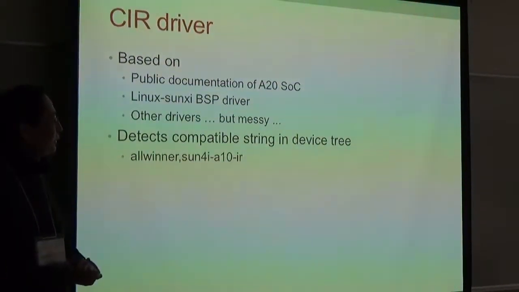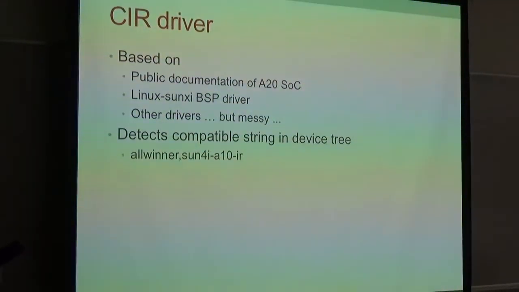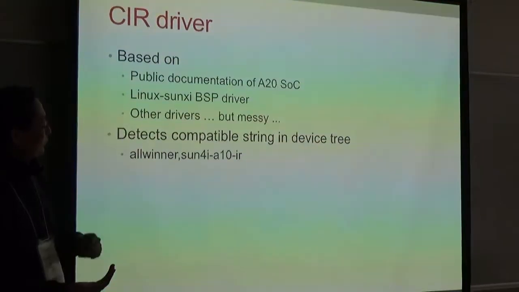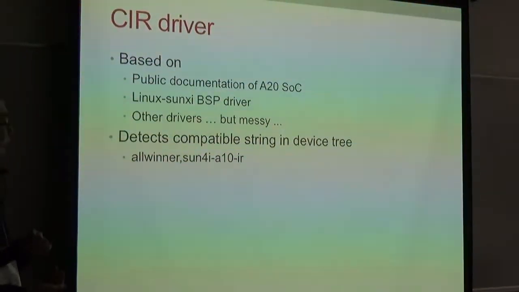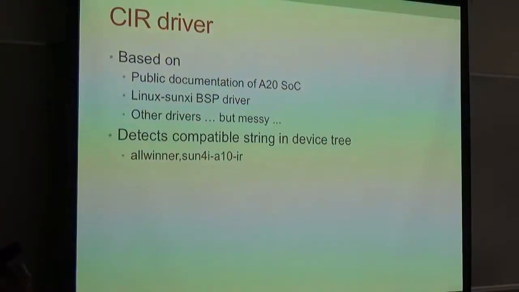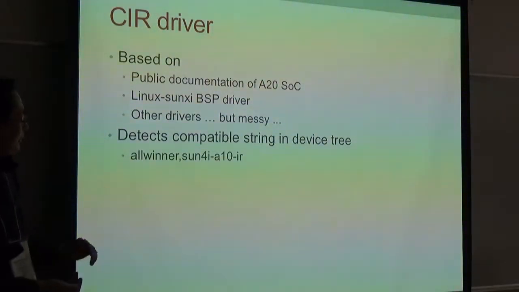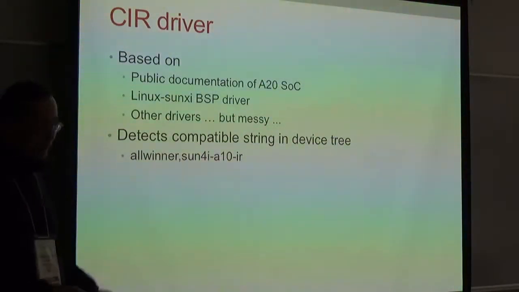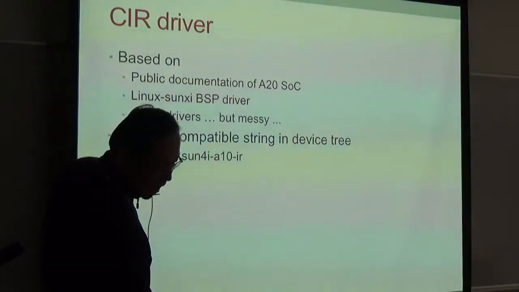So basically the BSP driver worked for me. As for the driver in FreeBSD, in the driver's probe function, it detects the compatible string in the device tree, allwinner,sun4i-a10-ir. That's in the device tree DTS file.